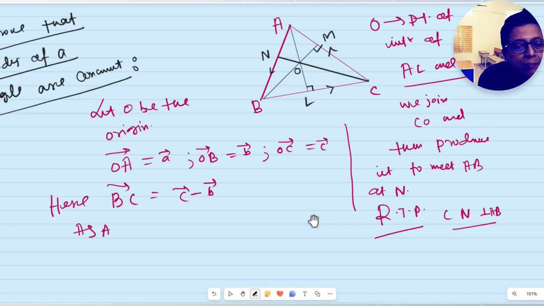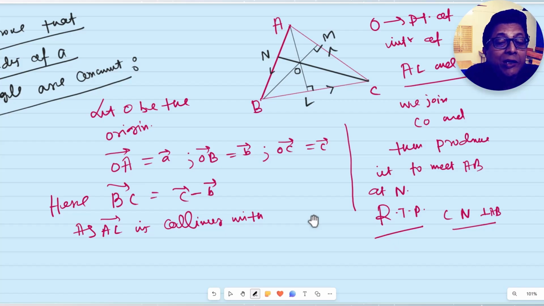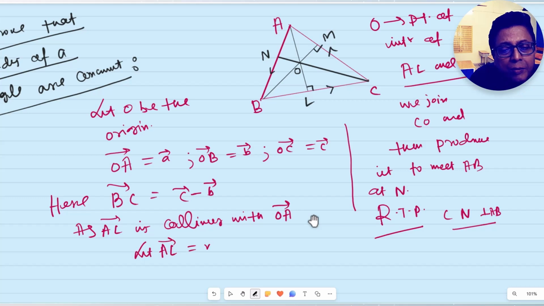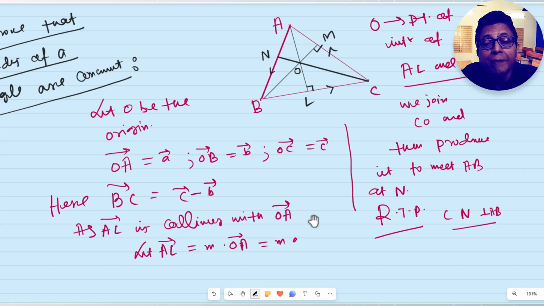As AL is collinear with which vector? The AO vector. So we can write AL equal to M into OA, where M may be positive or negative. So this is going to be M into A.